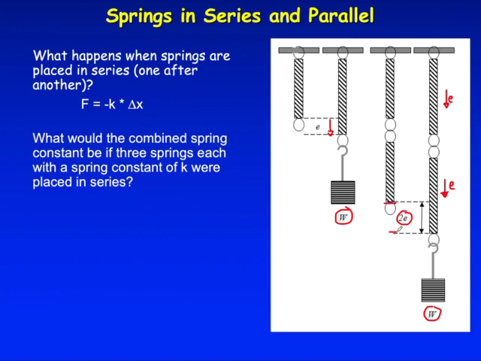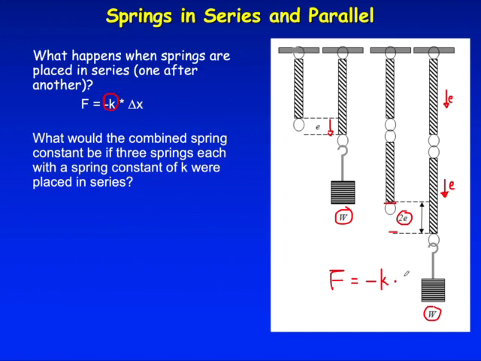What does that mean about our constant here? Well, in this case, when I have two springs attached, I get twice the displacement for the same amount of force. What does it mean happens to my constant k?